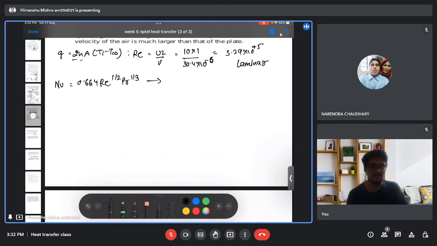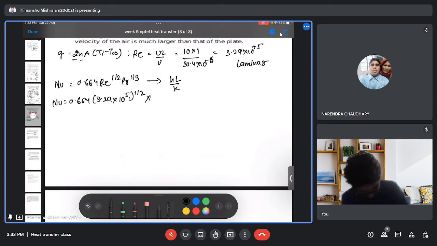So the Nusselt number can be defined in terms of heat transfer coefficient like this. First we find the Nusselt number. We already found the Reynolds number here. So the Nusselt number will be around 336.